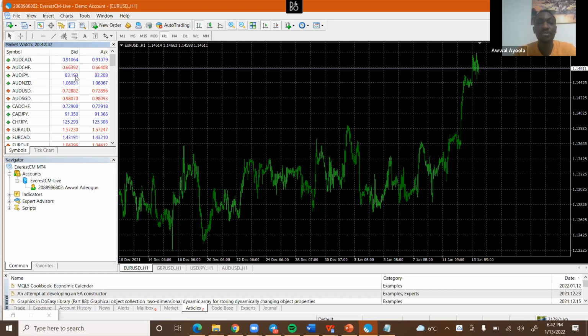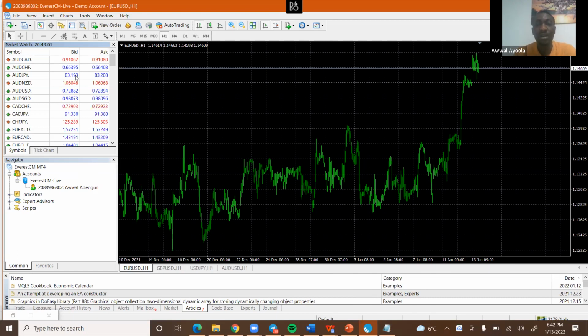So pips are used to calculate the price movement. The full meaning of pip is price interest point, and it is used to calculate how many points price has moved. So let's say you bought something at 560 and it goes down to 540, that means price has moved down by 20 pips.